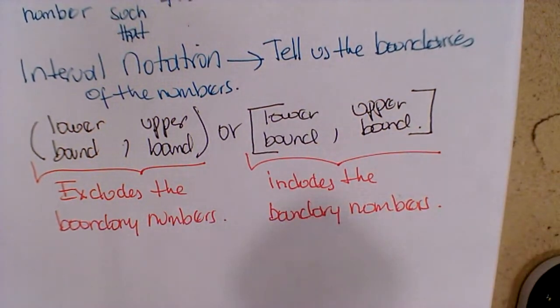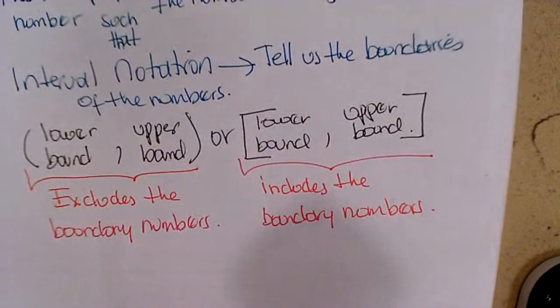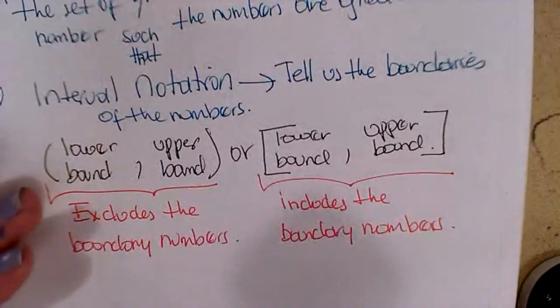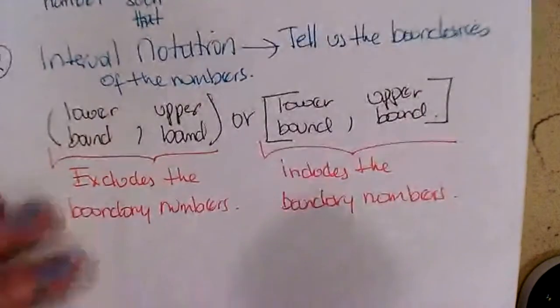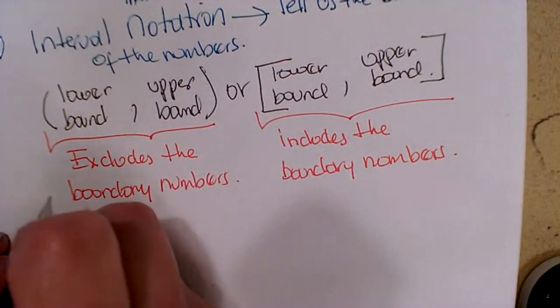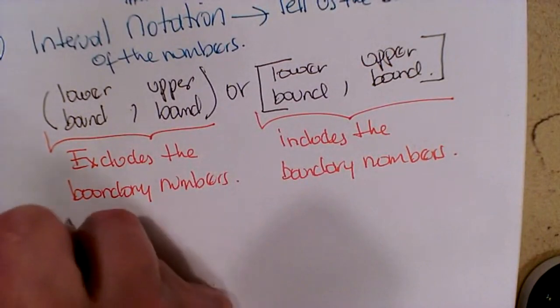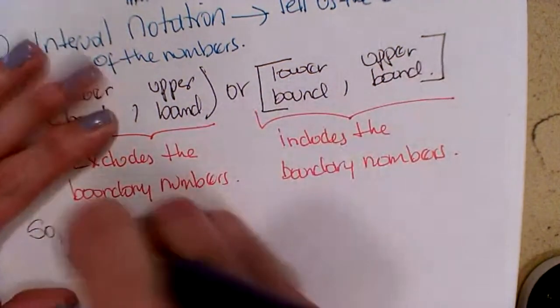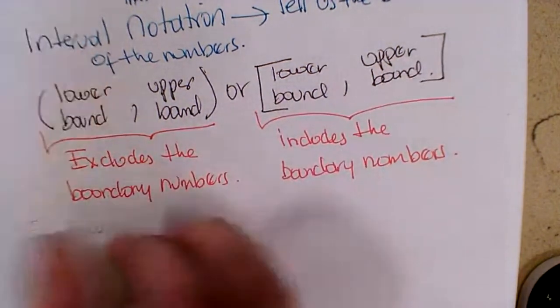Okay, so how will we write down x greater than 5? We still have space. You know what?